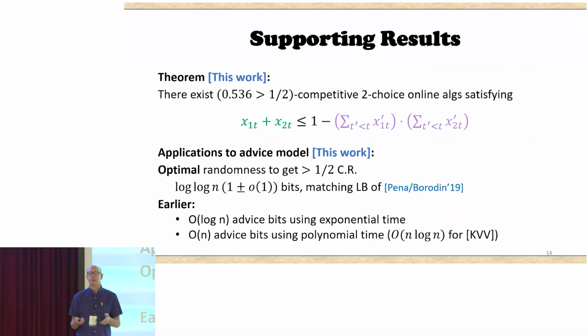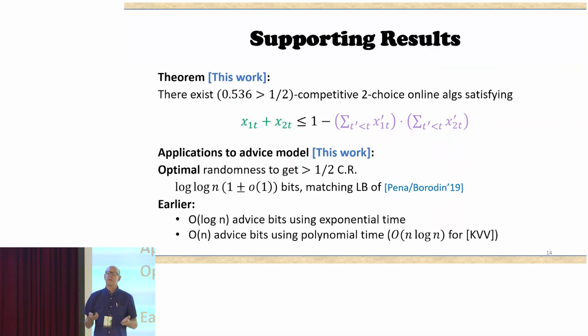One nice application of this work is to what's called the advice model in online algorithms. In the advice model, the online algorithm gets a non-deterministic string which it can use for making its decisions. For example, in online matching, if we get a string of length n log n, then we could encode the offline matching in this string.